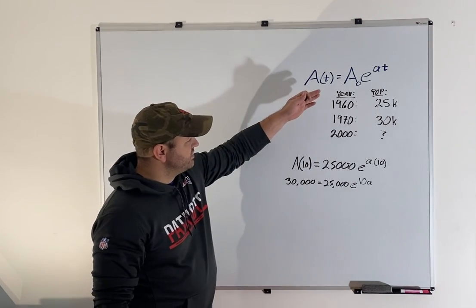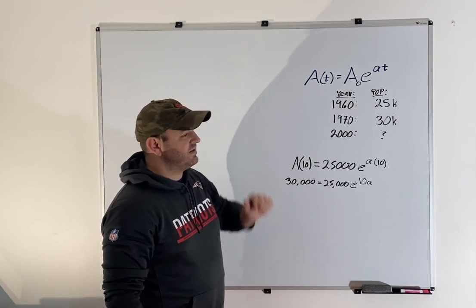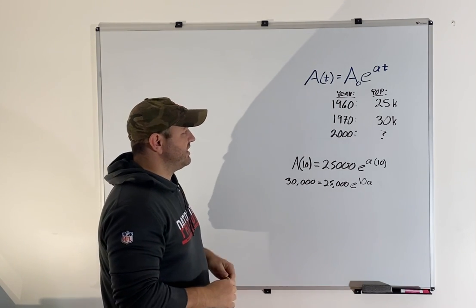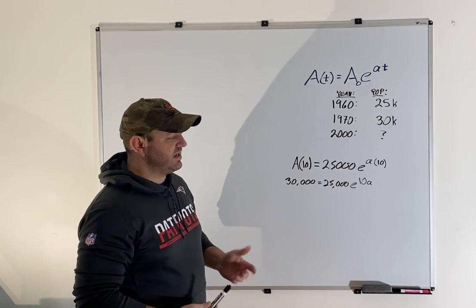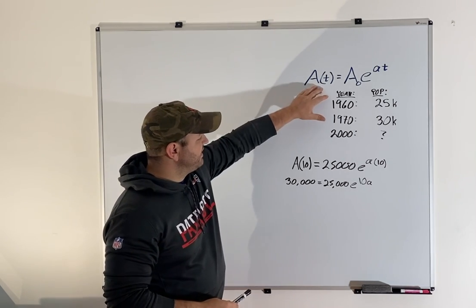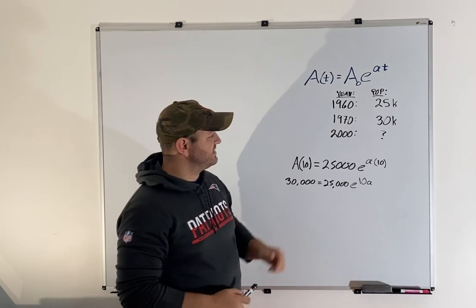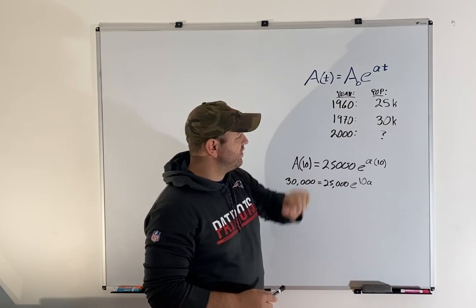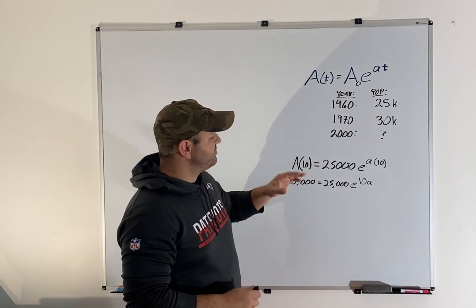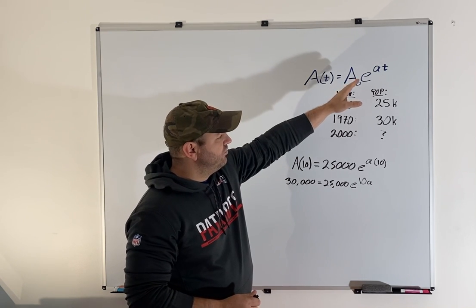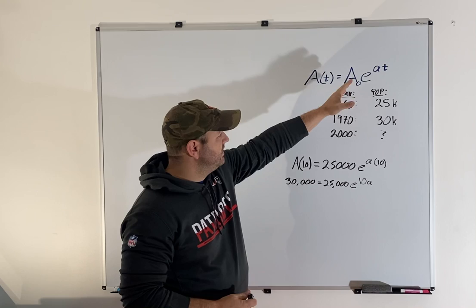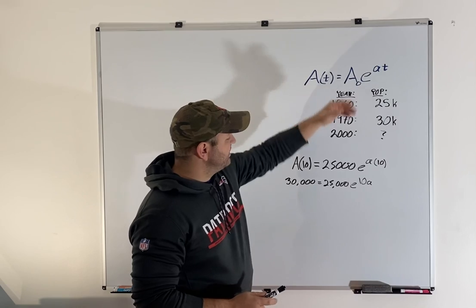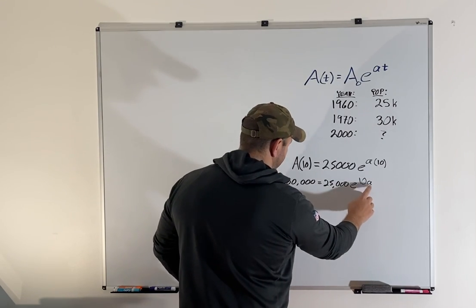So my skeleton equation says the amount that I have at a given time, 30,000 in 1970, is equal to the amount that I had at the beginning, 25,000 in 1960, times the natural exponent of some rate constant a times the time interval, 10 years from 1960 to 1970. So our skeleton equation has turned into something with only one variable to solve for.